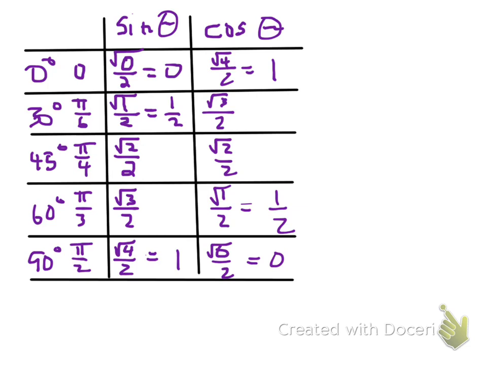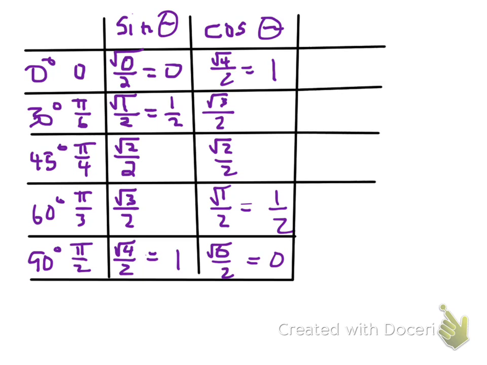Now, we said that the sine was related to the y-coordinate of the point, the cosine was related to the x-coordinate of the point, and the tangent was y divided by x. Okay? So if we take the sine and divide it by the cosine, we're going to get the tangent.